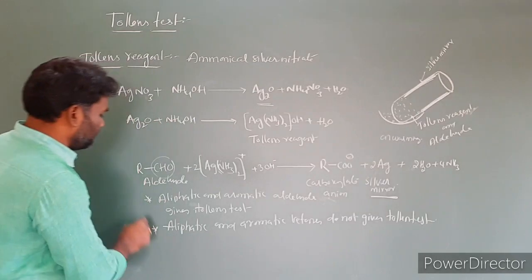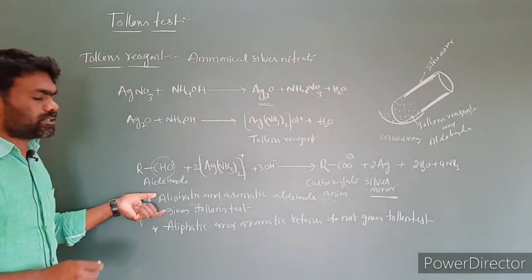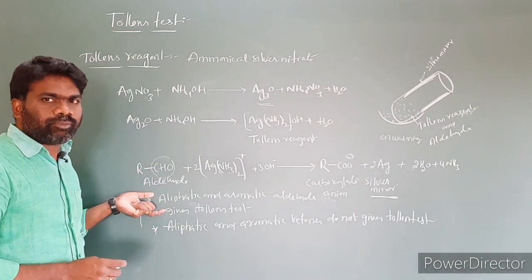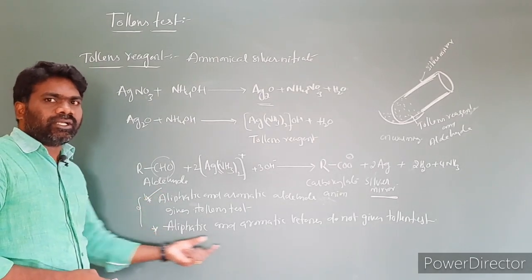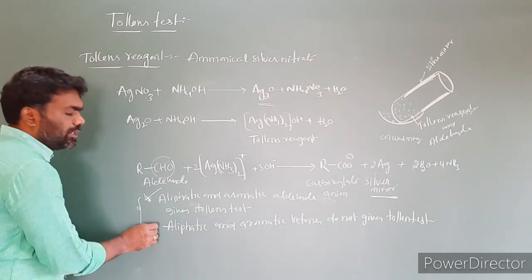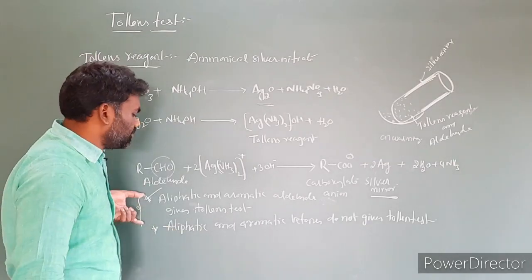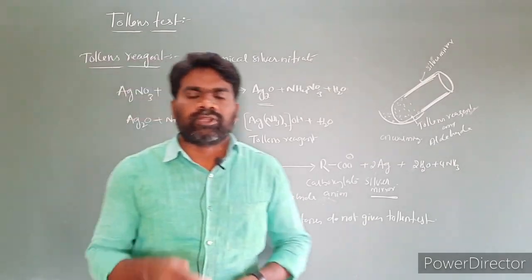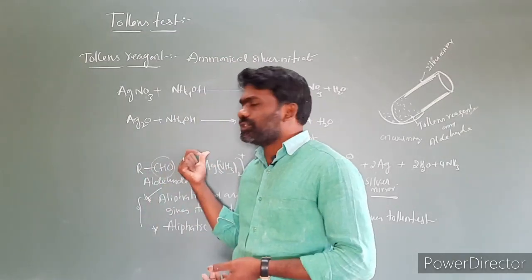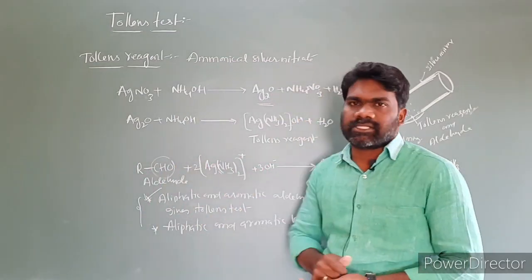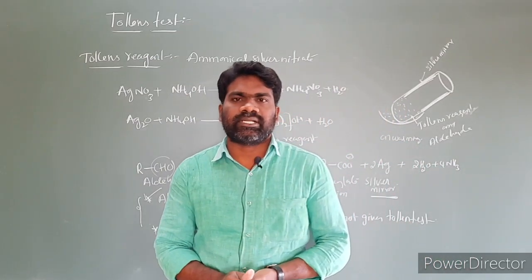So look at this, this is a very key point. All aldehydes, aliphatic as well as aromatic, will give the Tollens test, and any ketones, aliphatic or aromatic, won't give the Tollens test. So based on this point, we are able to distinguish aldehydes from ketones. This test is also for identification of aldehydes. This is the Tollens test.